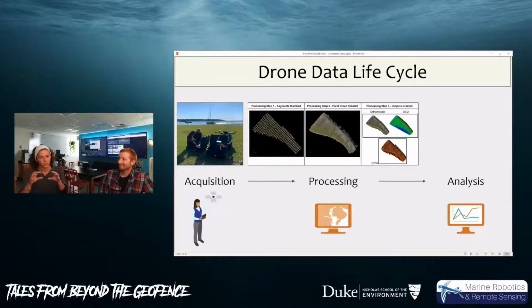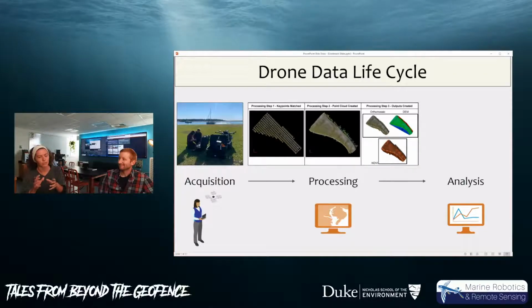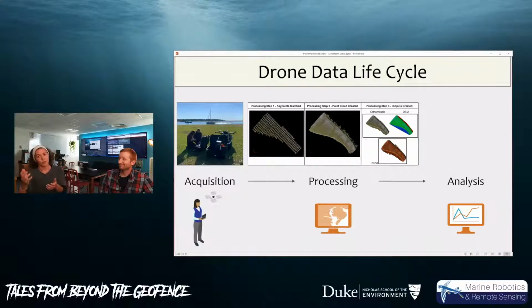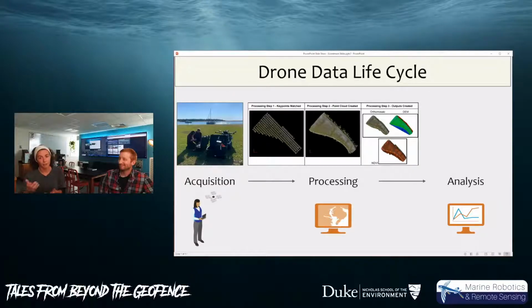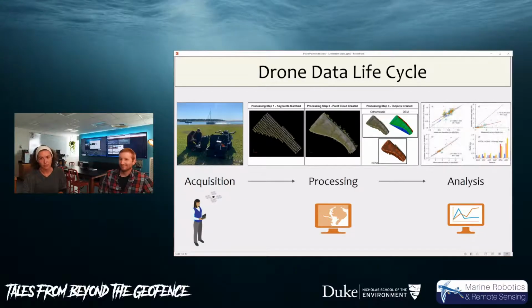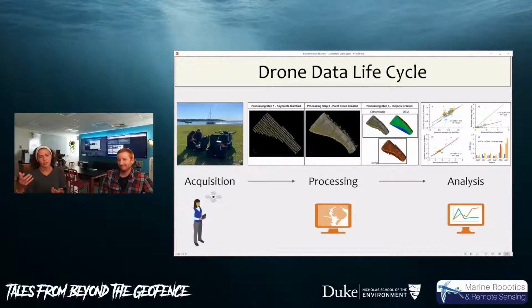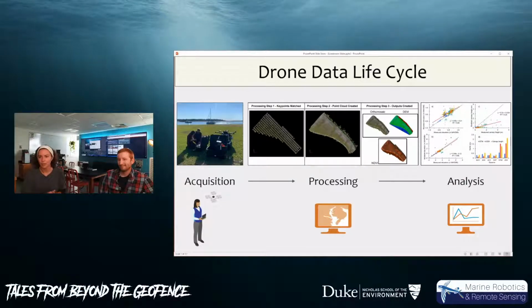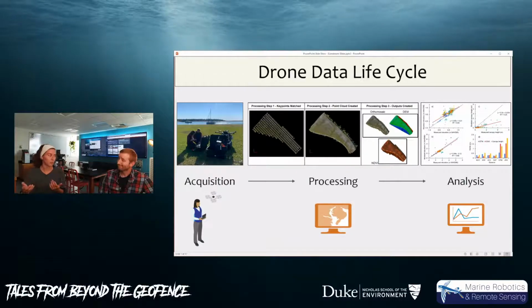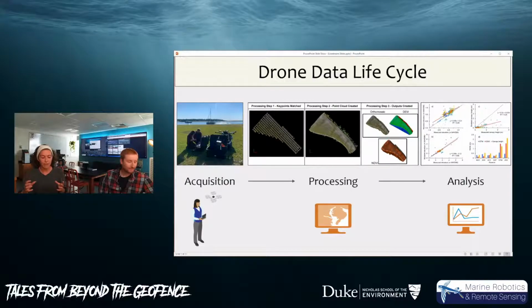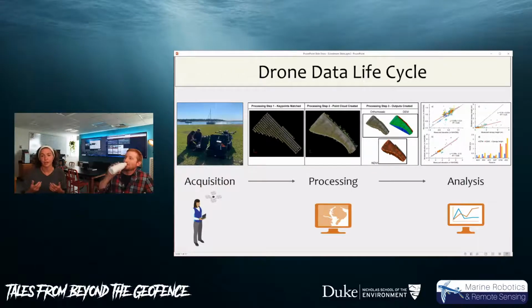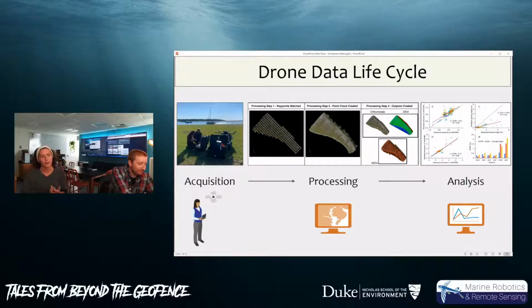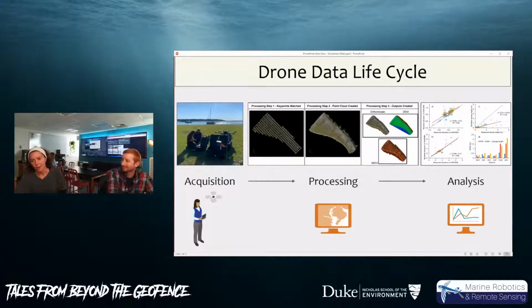You have to make different decisions within this image processing software that ultimately affect the quality of the products you end up with, that are then fed into your analysis. So the analysis is this final stage where you take these different products and dig into them and extrapolate the information that you're interested in learning about your site or whatever environment you're in.